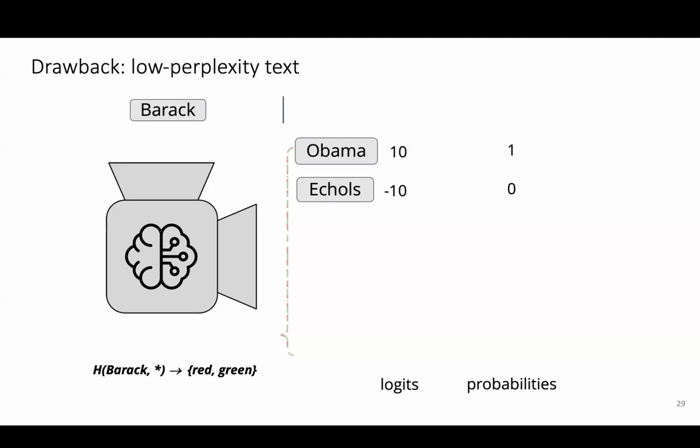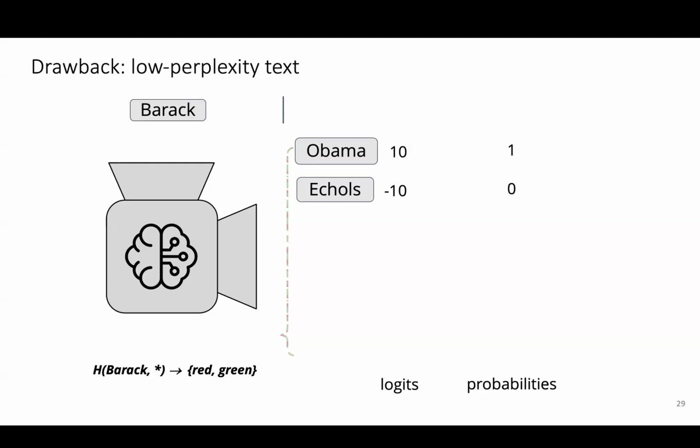The challenge, this seems kind of all nice. One challenge that they encounter is that it's not always the case that you're going to have a setting where text has high entropy. So for example, if you have a text that starts with the word Barack, then it's very likely that the next word is going to be Obama.